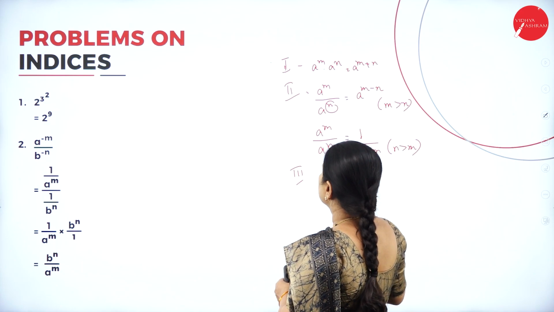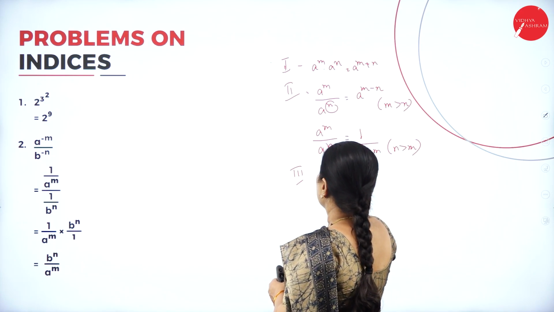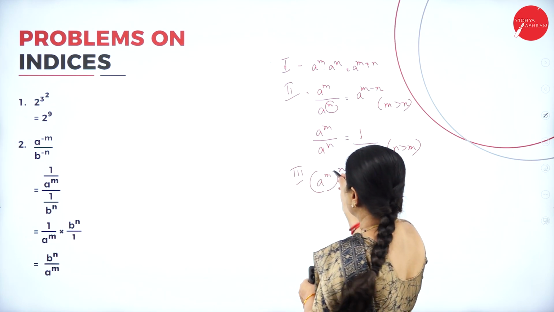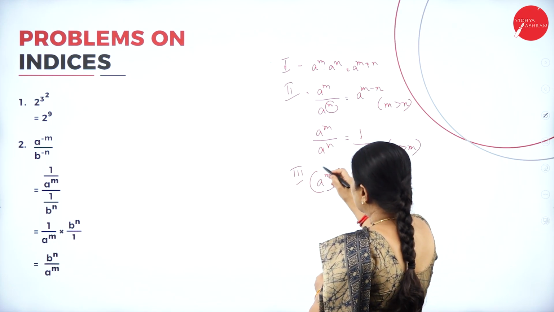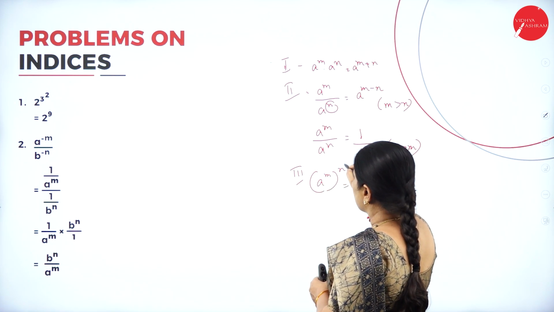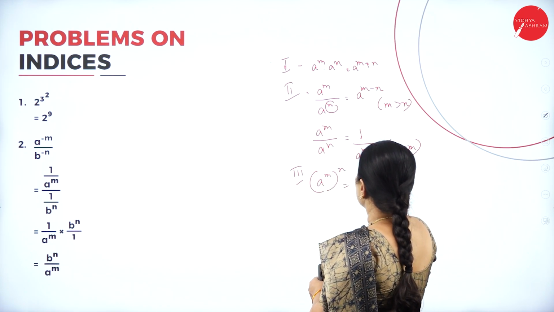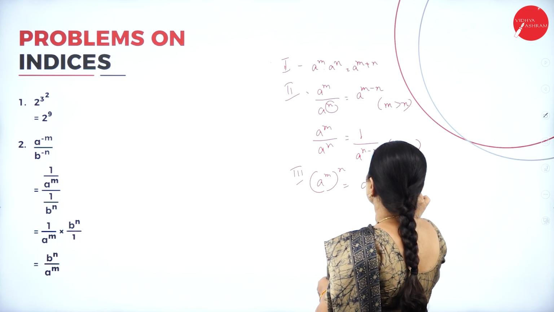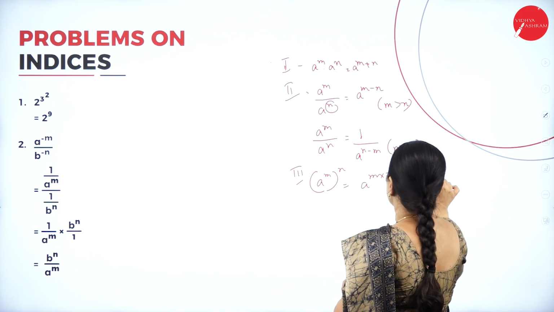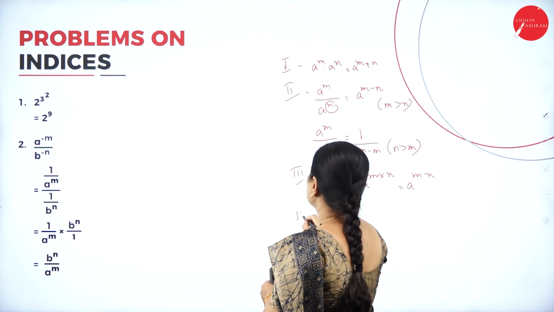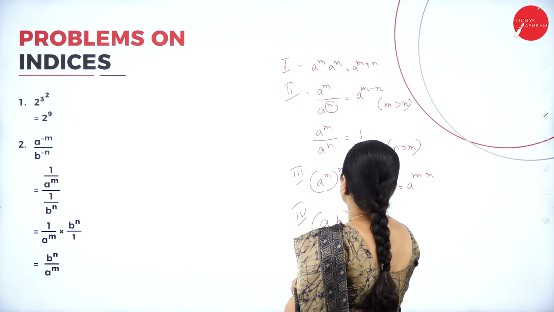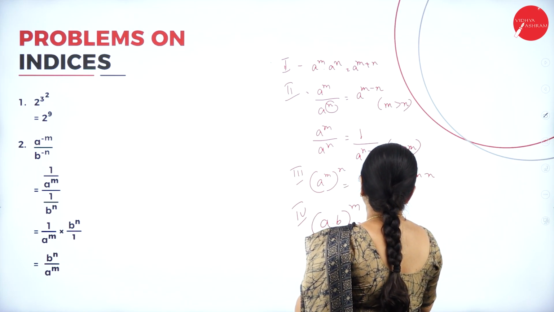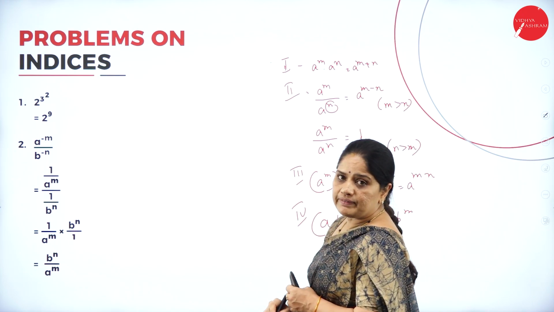Now, the third law says that a to the power of m, whole to the power of n. When you get an expression like this, the entire expression is raised to the power n. So, it will be a to the power of m into n, that is a to the power of mn. Now, the fourth law: a into b to the power m equals a to the power of m into b to the power m.